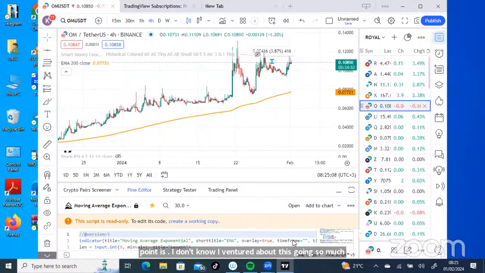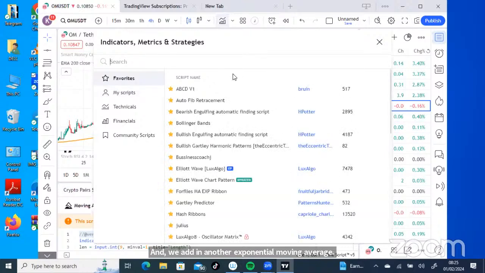Now let's combine. And we add in another exponential moving average, and make a good combination.